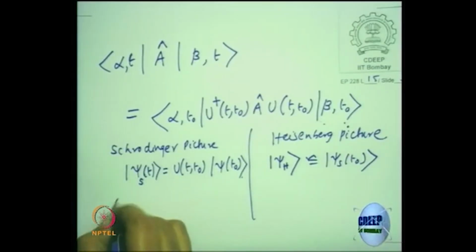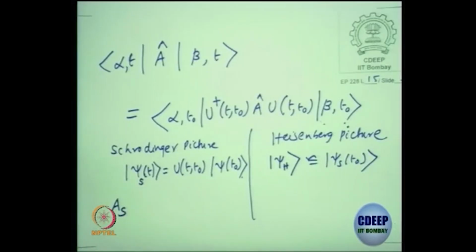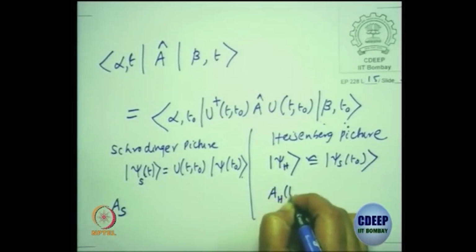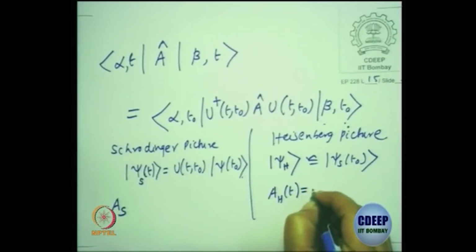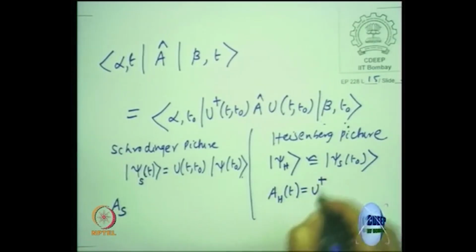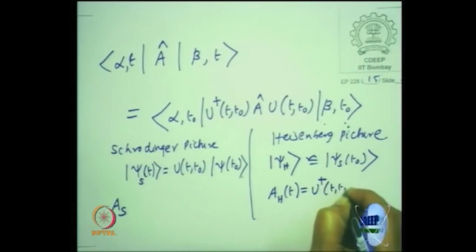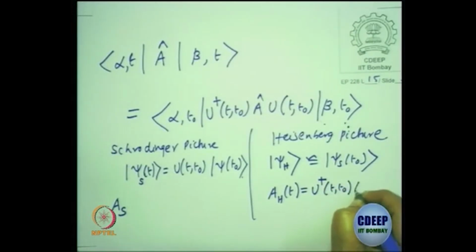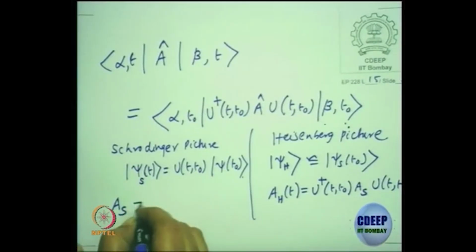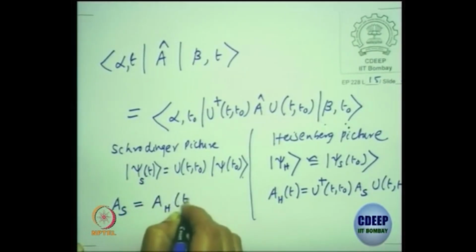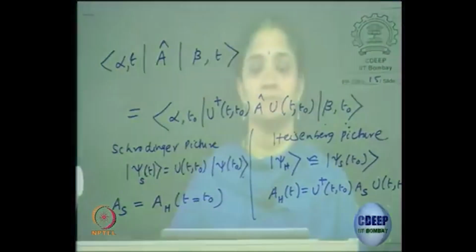So any operator here which I write as A_H of t will be U dagger of t comma t naught, A_S, U of t comma t naught. The operator is frozen here in the Schrodinger picture.